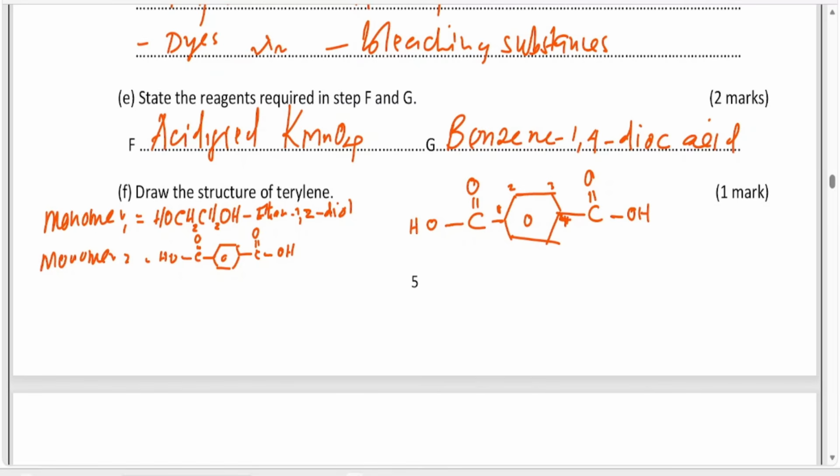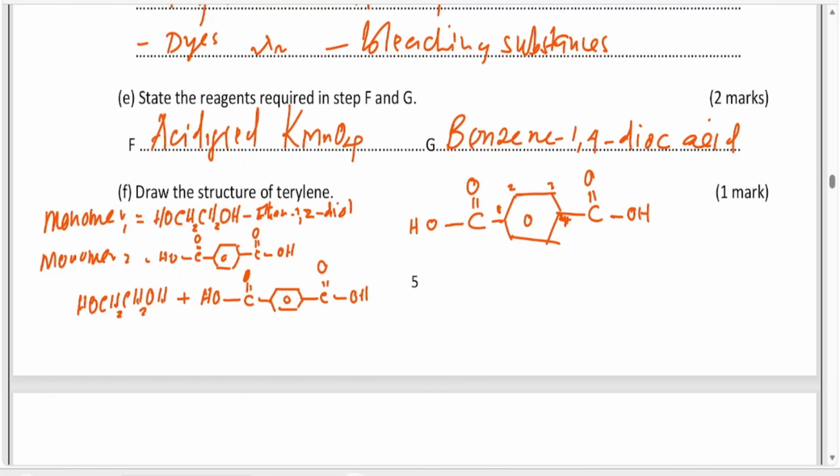So in this case, I'm going to start with the first monomer. How do you do it?